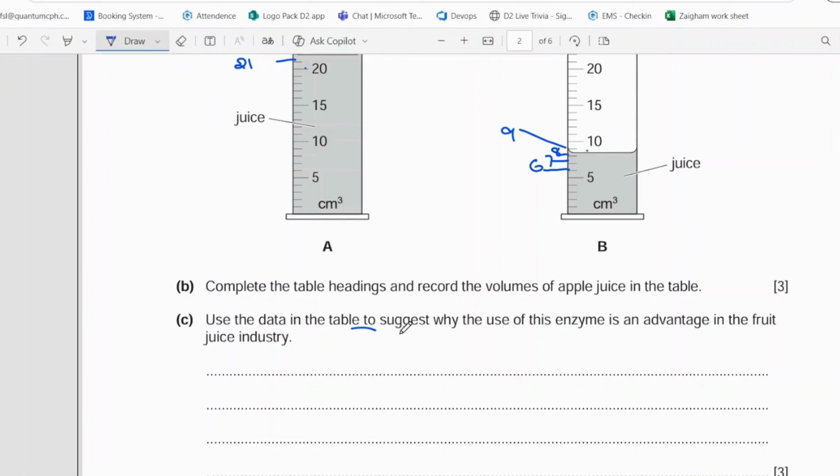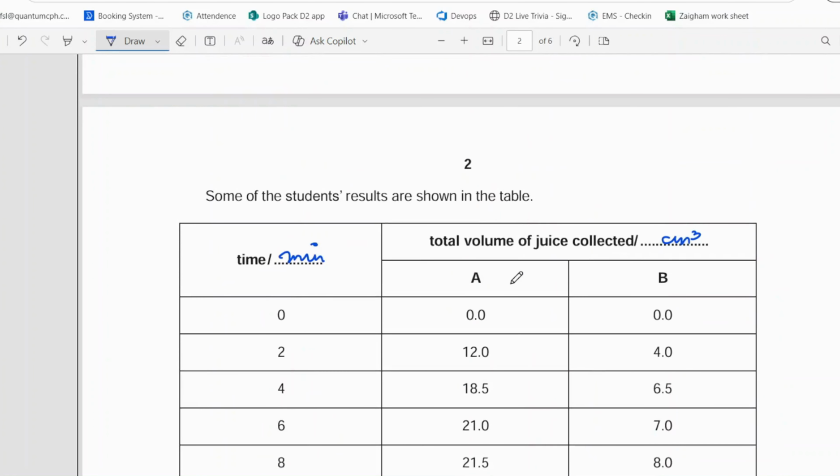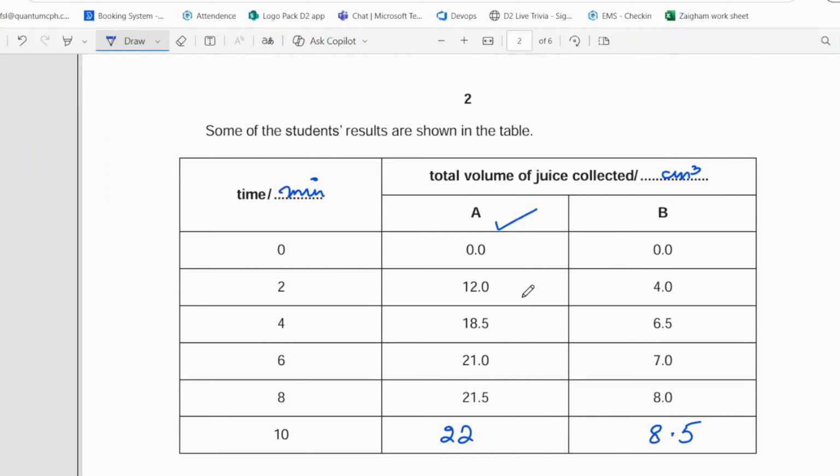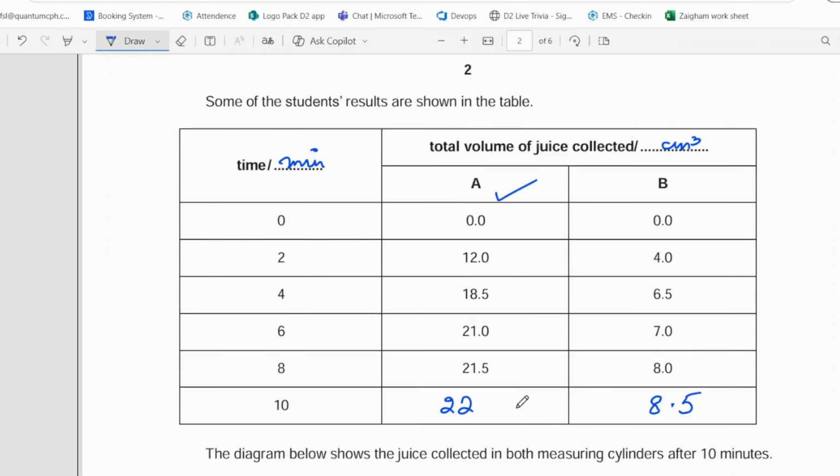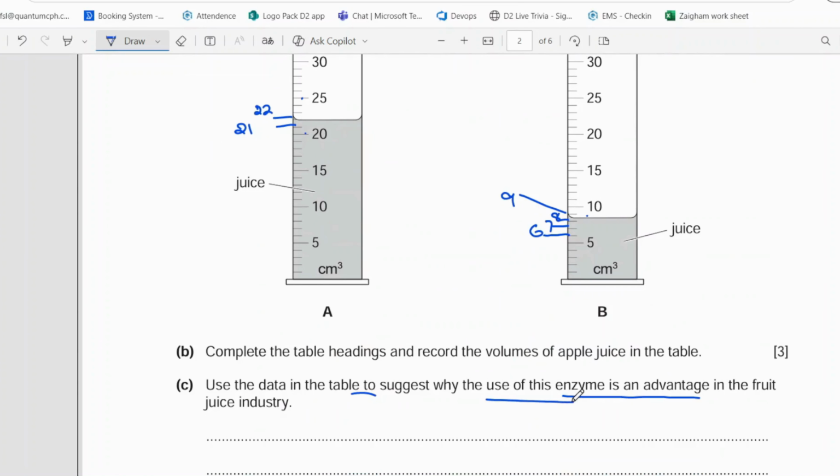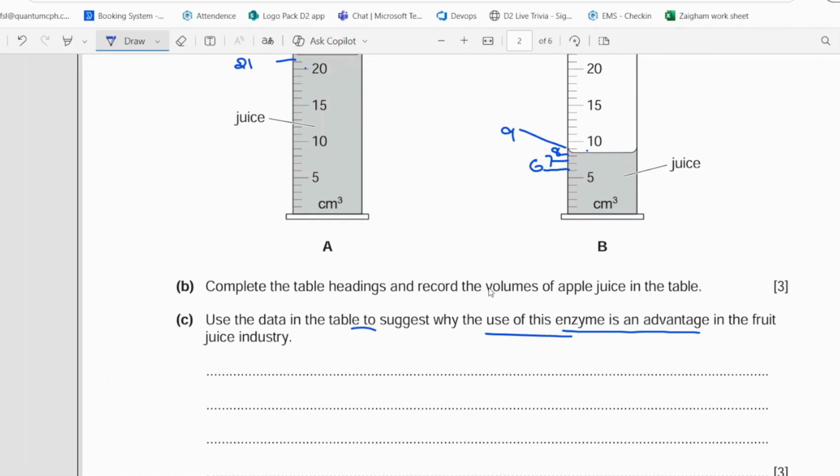Third one is use the data in the table to suggest why the use of this enzyme is an advantage in the fruit juice industry. So we have seen when we have added the enzyme, more volume of juice is collected. Okay. So why do you think the use of enzyme is important or is required? Why are we using enzyme?